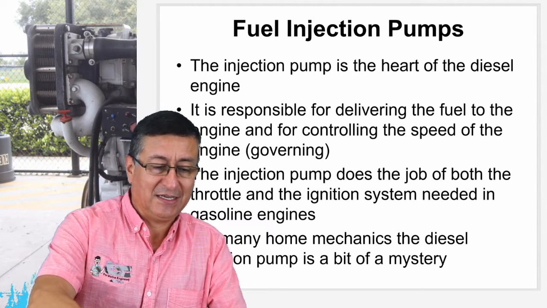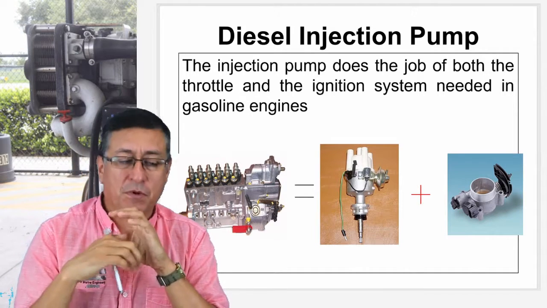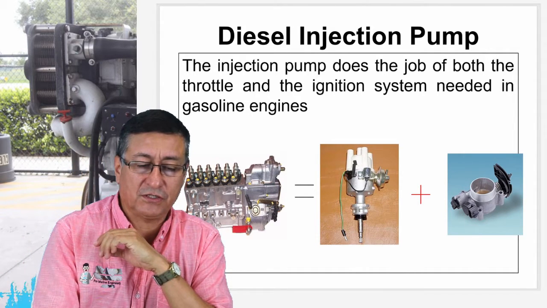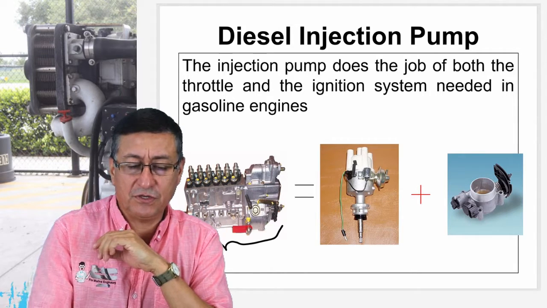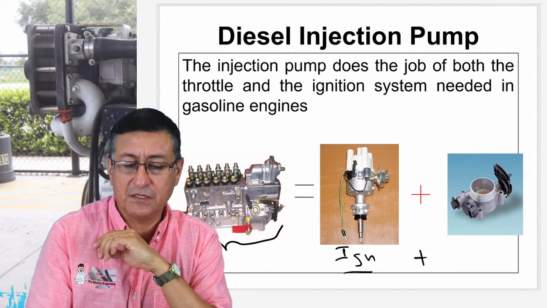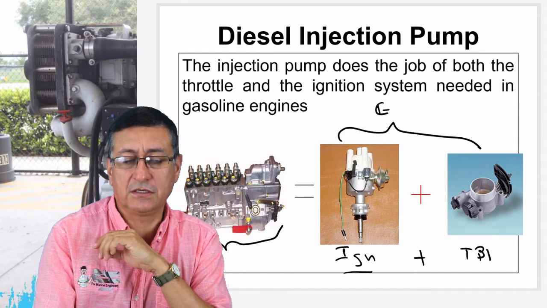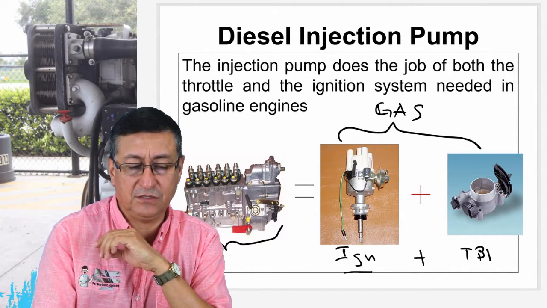Yes, this is exactly this picture. The diesel fuel injection pump has the same function as the ignition system plus the throttle body in gasoline engines. This is gas and this is diesel.